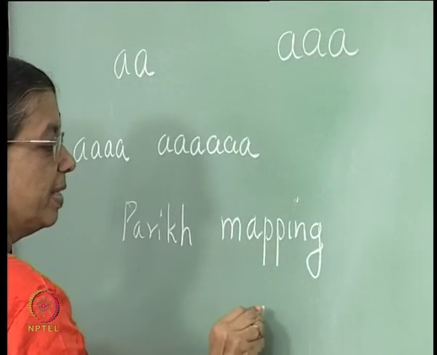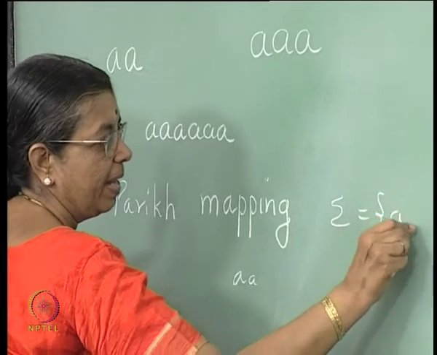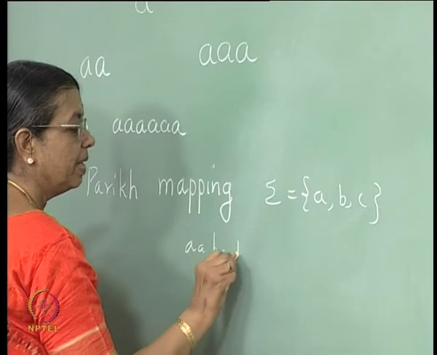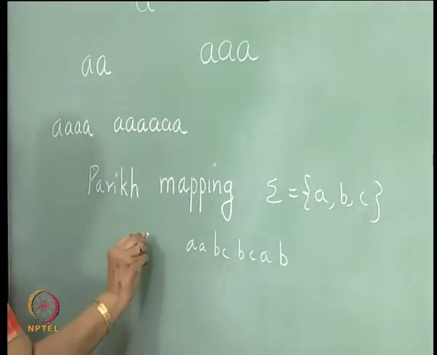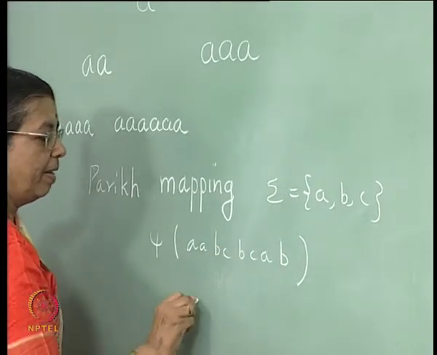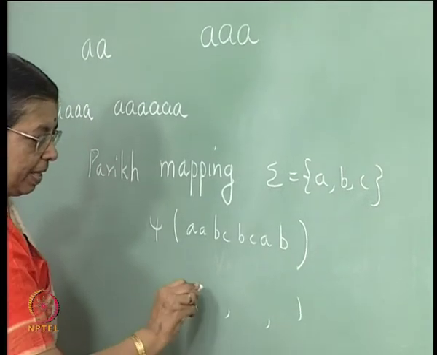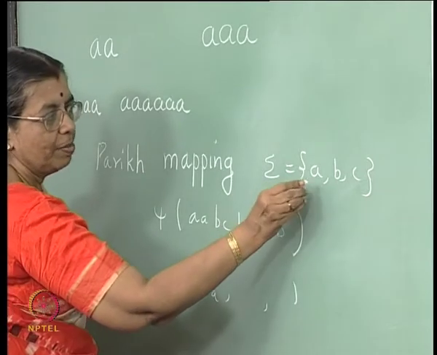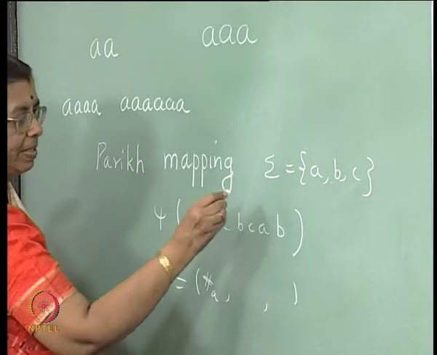Suppose I have a string AAB. I will take the alphabet here. Some string AABCB, CAB, something like this. The Parikh mapping of this is denoted by this. It is a vector whose elements are integers. The first one denotes the number of A's, because I assume the order A, B, C for symbols in sigma.